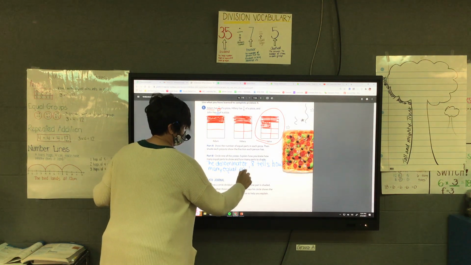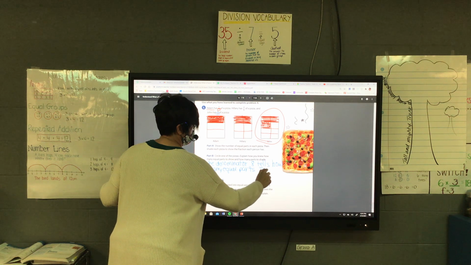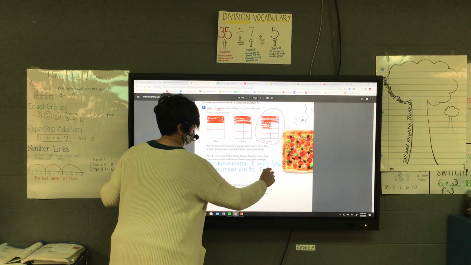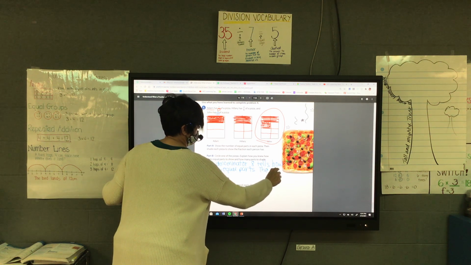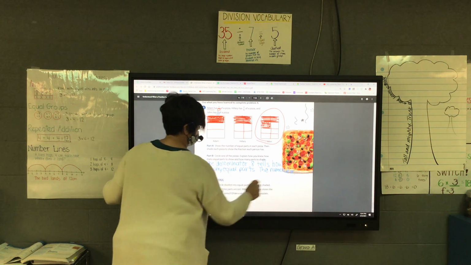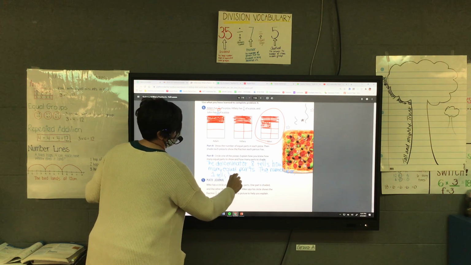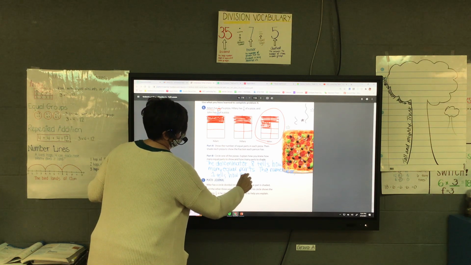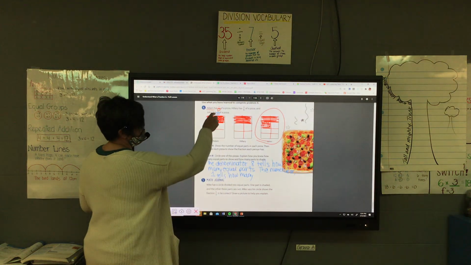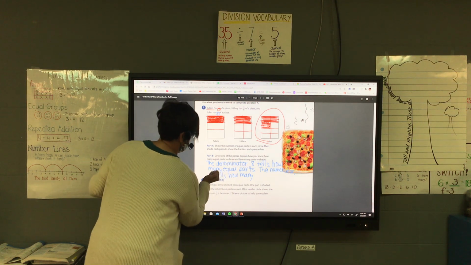What does that top number tell us, friends? How many you need to shade? The numerator, which is the top number, tells how many John, that's 3, I was looking at the wrong one.